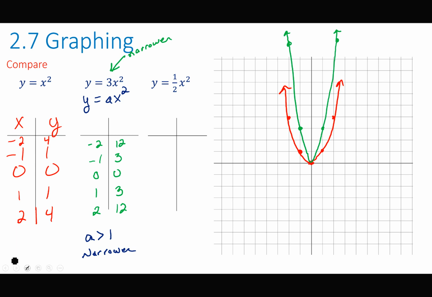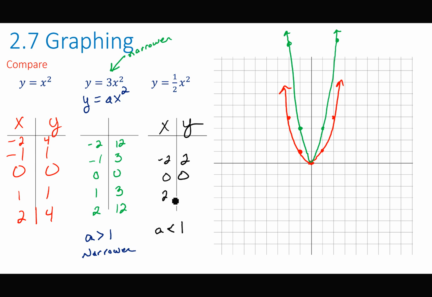Well, let's do this next one too, so now if I have 1/2 x squared, so my a is less than 1, I'm still going to have my origin here at 0, 0, but now my output is going to be half as large. All right, so if I went to, say, a -2, I would end up with 2 for a y value.